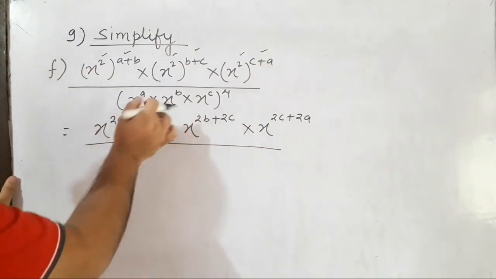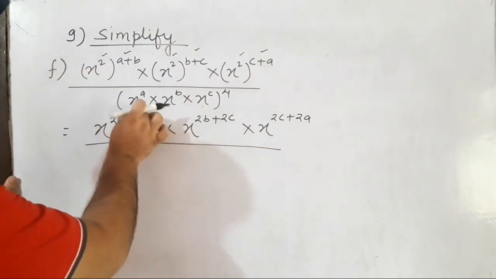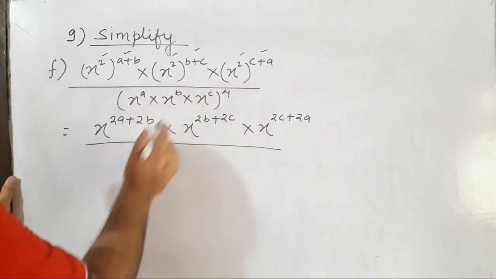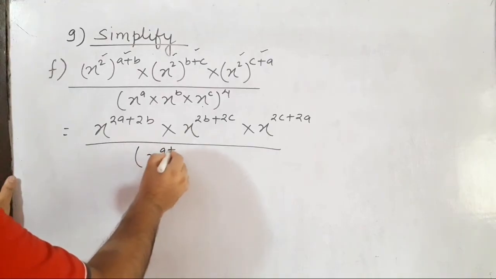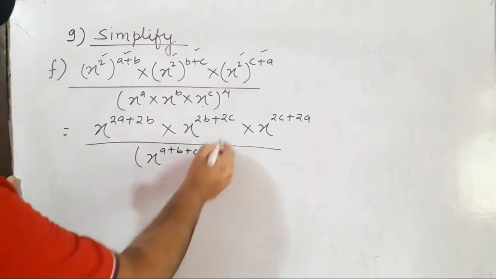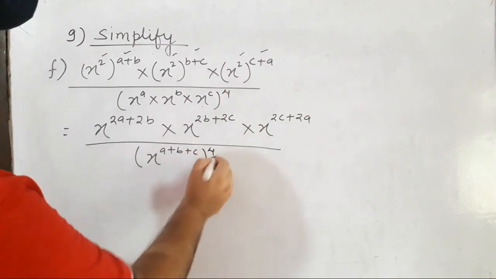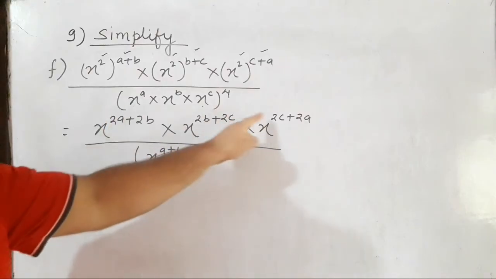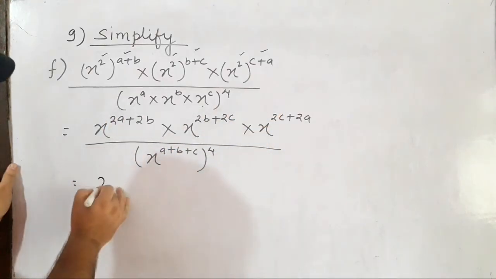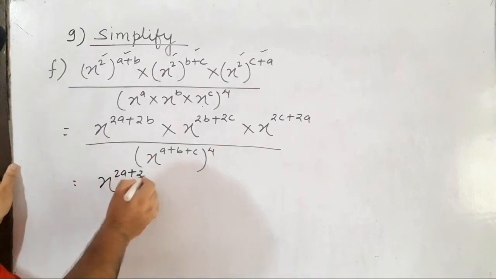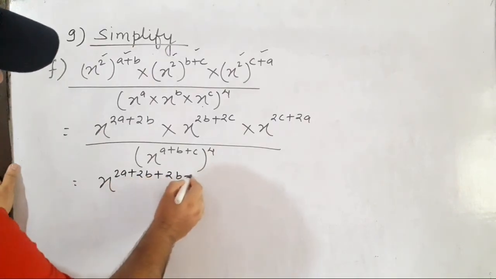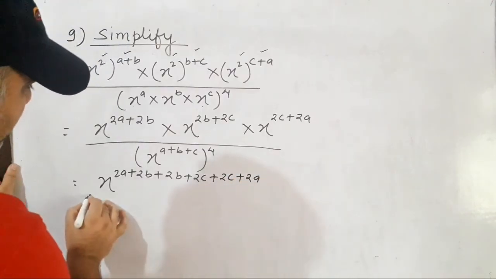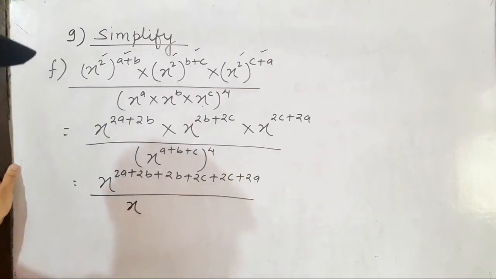Here inside the bracket, same bases are multiplied, so according to the product law of indices, we will add the powers of these bases. x power a plus b plus c. Outside there is power 4. Same bases, so we shall add the powers: x power 2a plus 2b plus 2b plus 2c plus 2c plus 2a, by x.